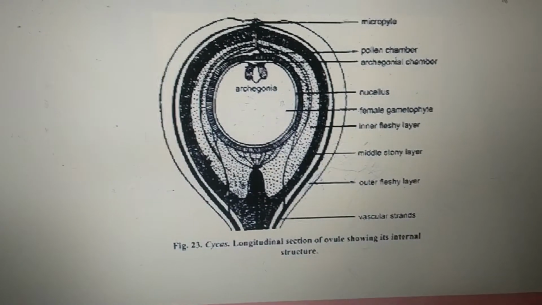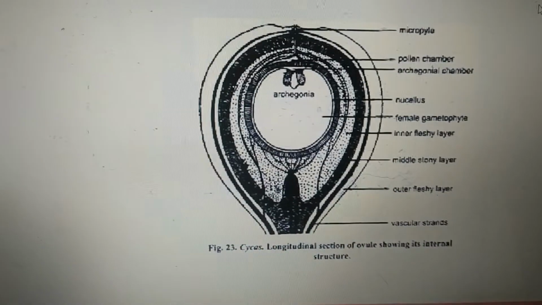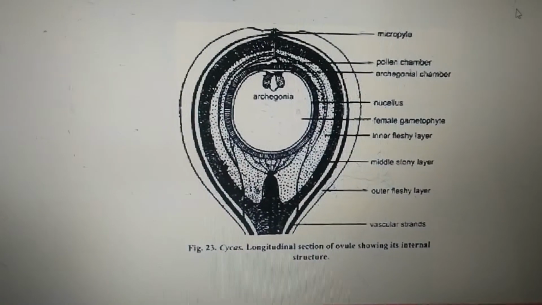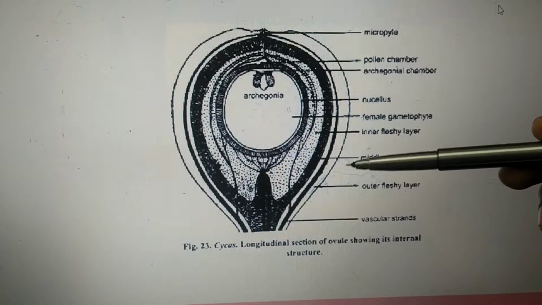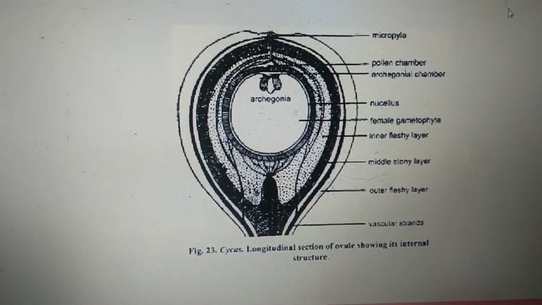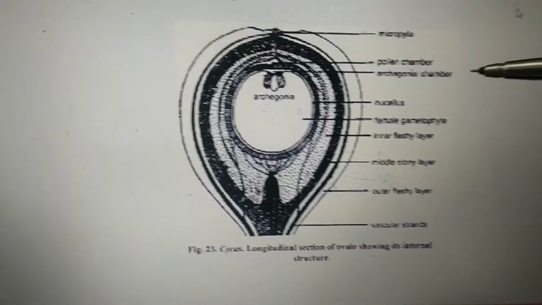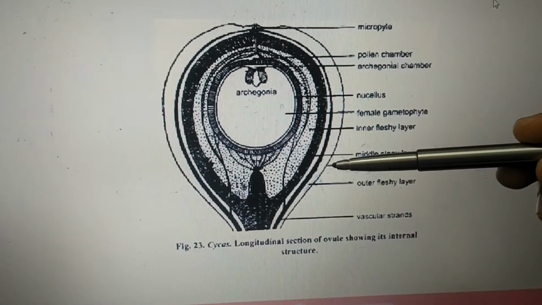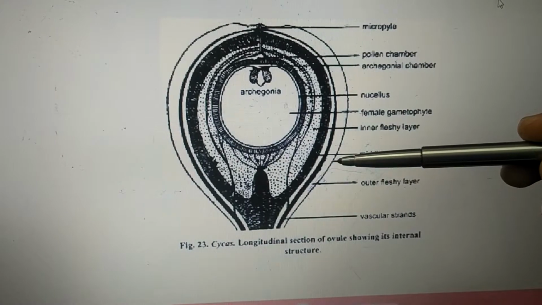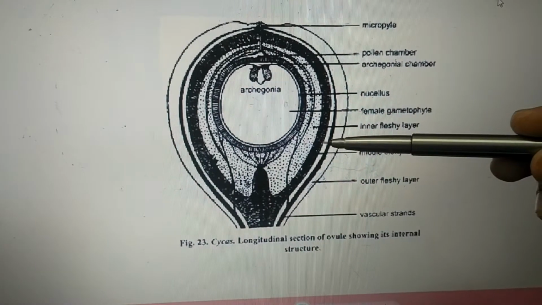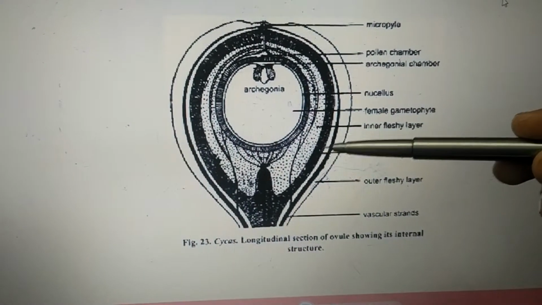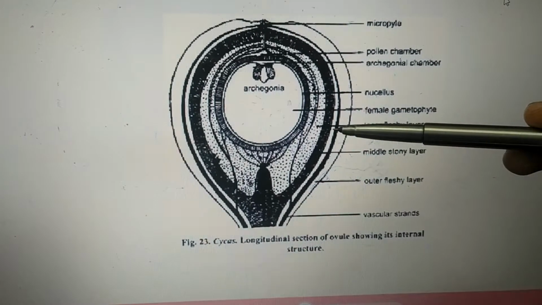To begin with, the outer integument is green or orange in color and fleshy in nature, and it is called the outer sarcotesta. The middle is stony, and it is called the sclerotesta.